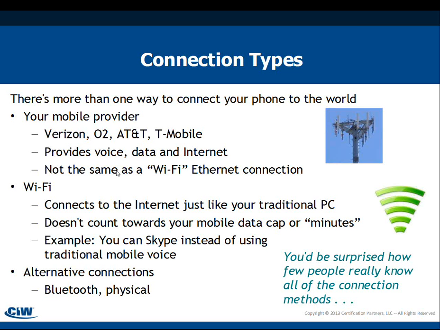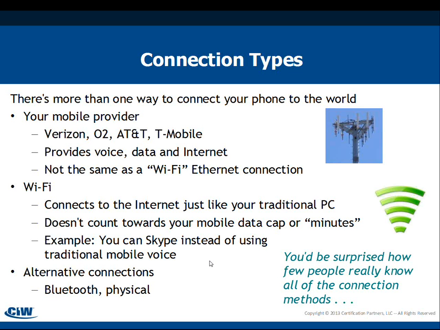So it's one of the first things I wanted to establish here, the difference. You'd be surprised how many people don't know the difference. Now, there are alternative ways to connect to the internet as well. There are ways that you can, I suppose, do it through Bluetooth, but usually Bluetooth is used to connect your earphone to some sort of peripheral.